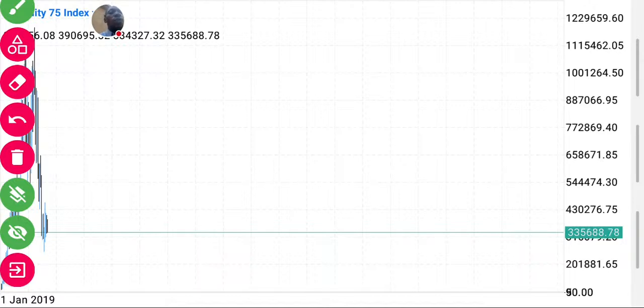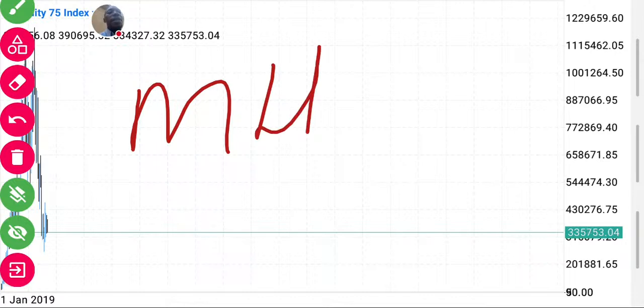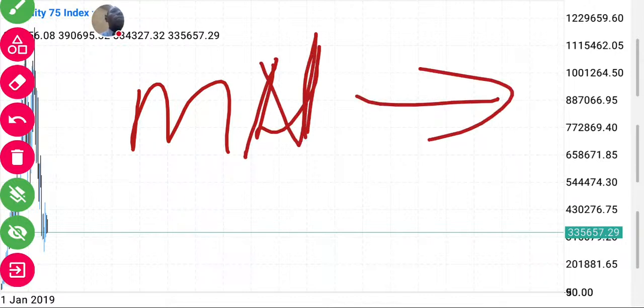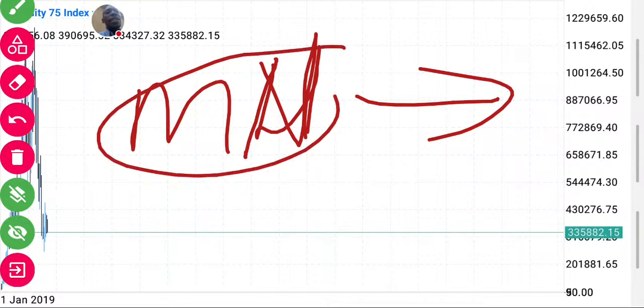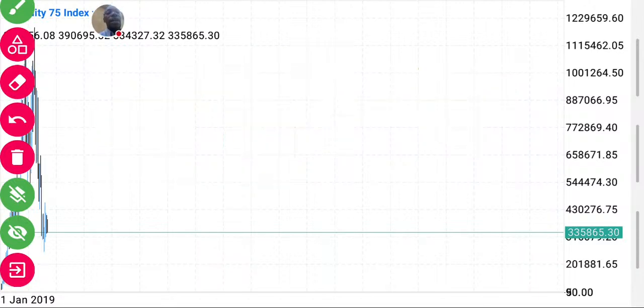The direction time frame is the monthly. We always start with the monthly to understand the history, the story behind the monthly chart. When you understand that, then you come to the key levels, the key level time frame. Are you getting the point?